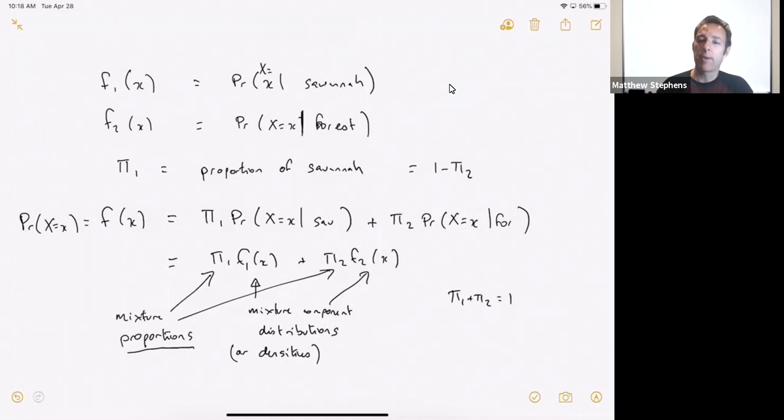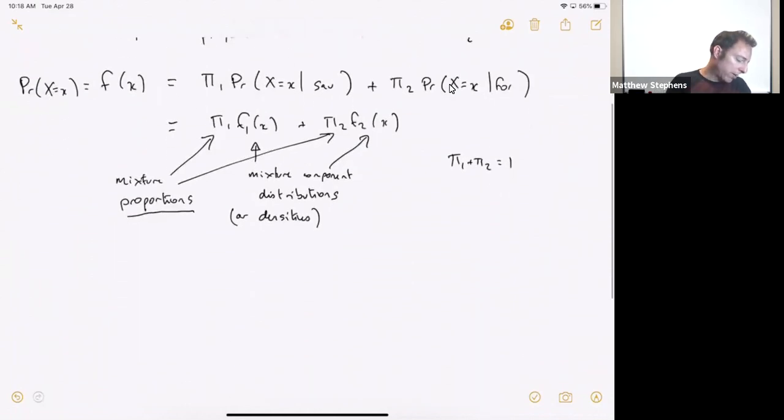If we randomly drew one individual from a population, the density we would get for that random sample would also be a mixture of two gamma distributions. This is a mixture of two distributions, but of course we can easily generalize to a mixture of K distributions.